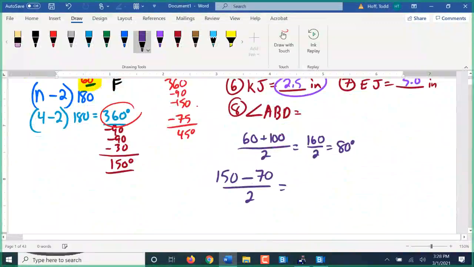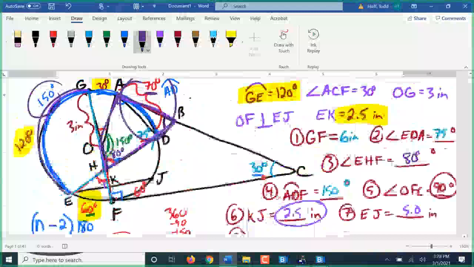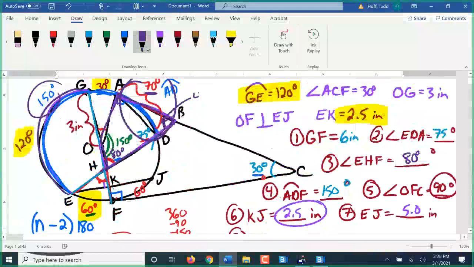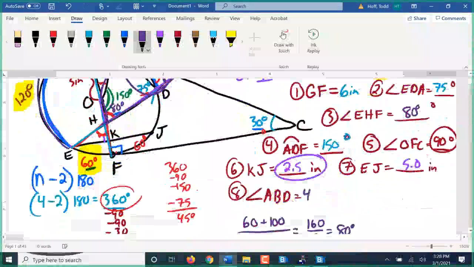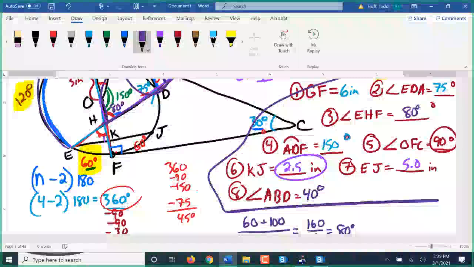So 150 minus 70 is 80, divided by 2 makes that 40 degrees. Angle B out here, 40 degrees. ABD is 40. What do you think? Good stuff?